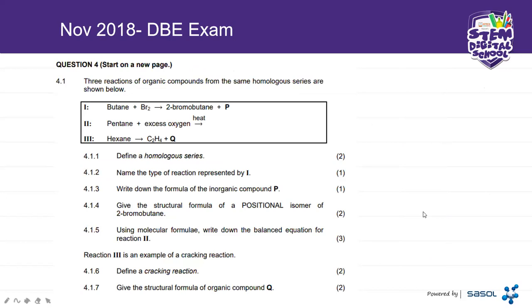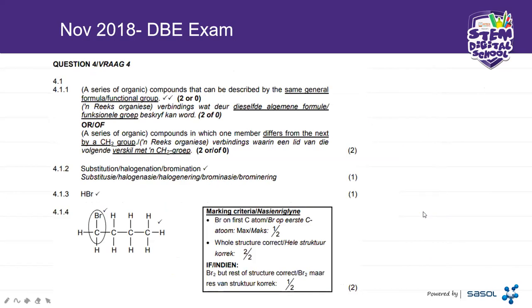So it says define homologous series. Okay, homologous series is a series of organic compounds that can be described by the same general formula or functional group. Okay. So functional group and homologous series means the same thing, guys. Please make sure that you understand these terms. They could have asked you what's a functional group. You would have still given us this same thing. So for example, with alkanes, you know they all have single bonds.